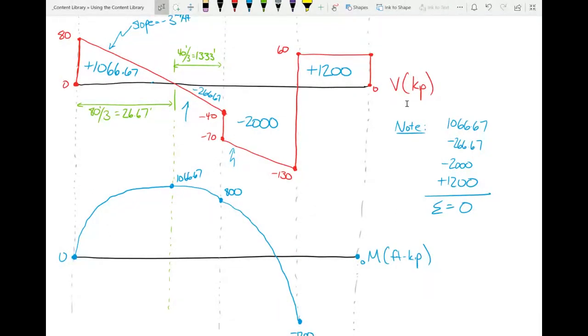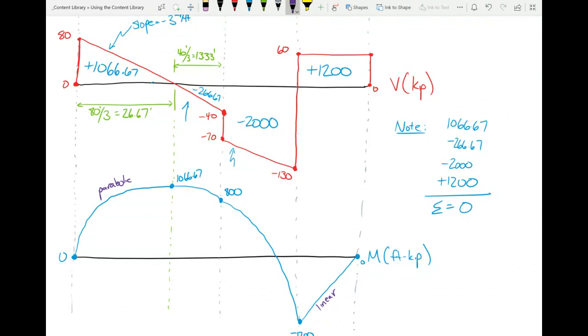We have that stair step sort of constant shear. So this is a line, and so much so that I'm actually going to put that on here, linear. And this is parabolic. Everything else is parabolic. The only thing that's a line is from C to D.